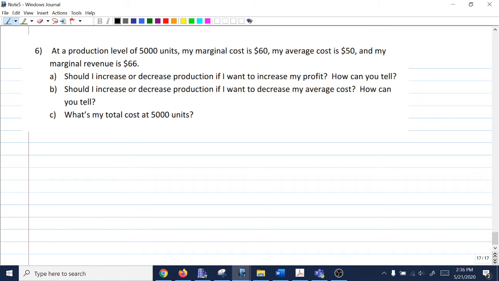This is where I think about marginal cost versus marginal revenue. The next item I make costs me $60. The next item I make brings in $66. Will making extra items help my profit or hurt my profit? The next item I make will bring in more than it costs, so my profit will go up, so I should increase production.